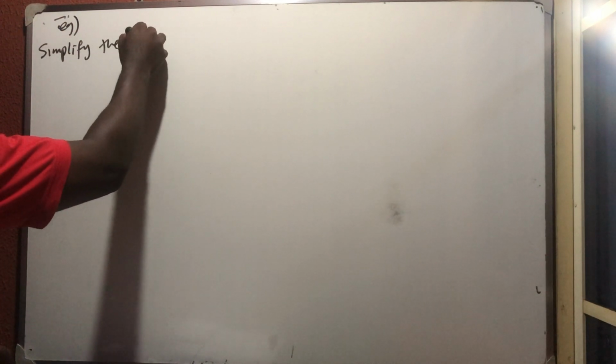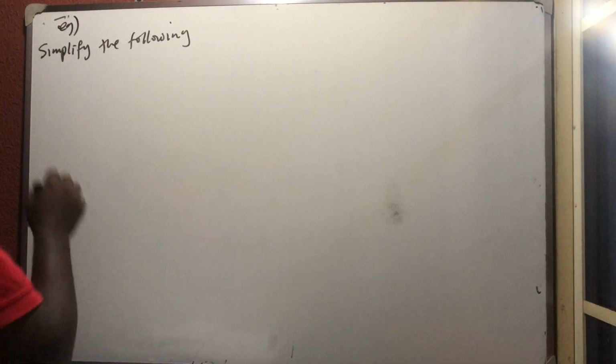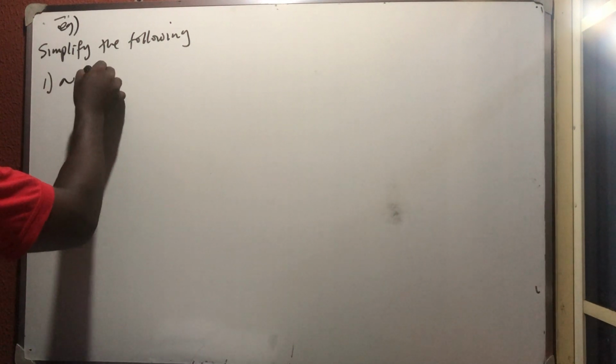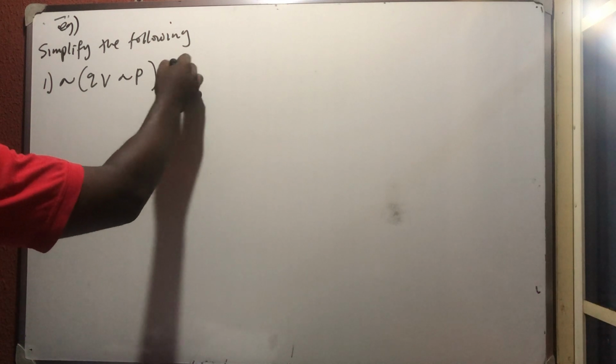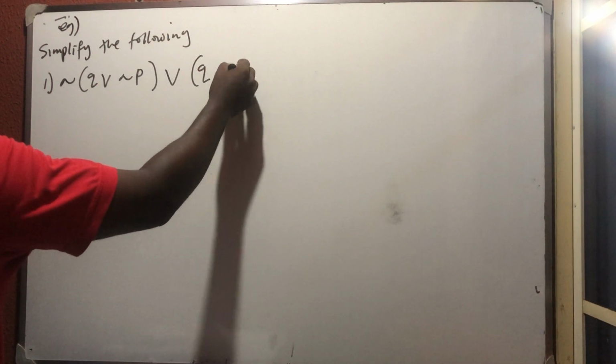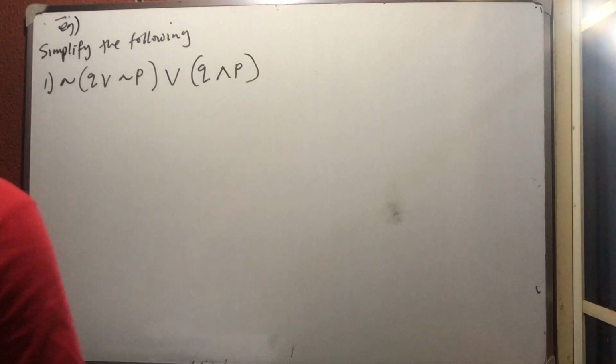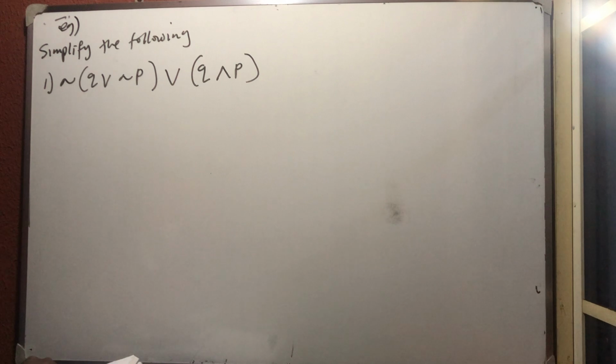Let's look at this example. Simplify the following, and they gave I: the negation of Q or negation of P, and Q and P. So draw the truth table to know what it will give you.